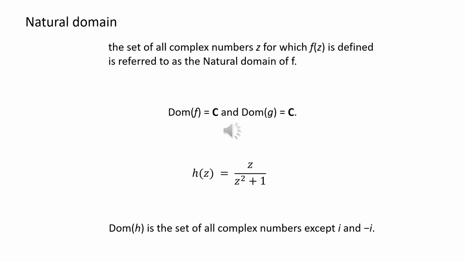In the previous examples corresponding to the functions f and g, the domain of f and domain of g is equal to C. It is the set of all complex numbers. Suppose we have a function h of z is equal to z by z square plus 1, the domain of h is the set of all complex numbers except i and minus i, where h of z is not defined.